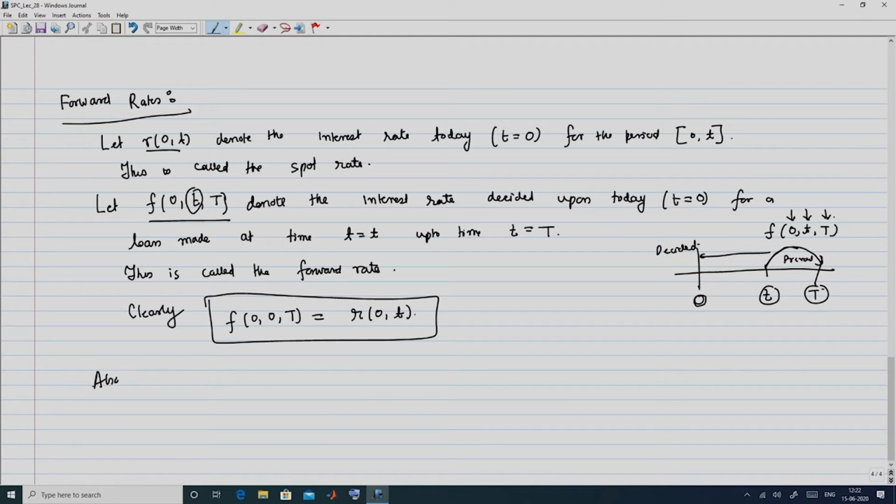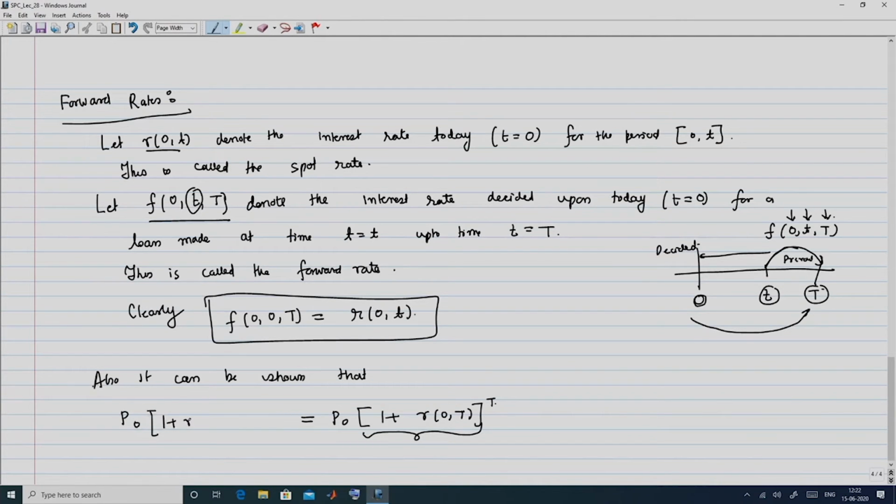Also it can be shown that the spot rate between 0 to capital T will become R of 0 capital T. The accumulated interest in the period is 1 plus R0T into T. So, if you start off with an amount of P naught, it grows by a factor of 1 plus R0T raised to capital T, and this is equivalent to an investment of some amount P naught for the period from 0 to small t.